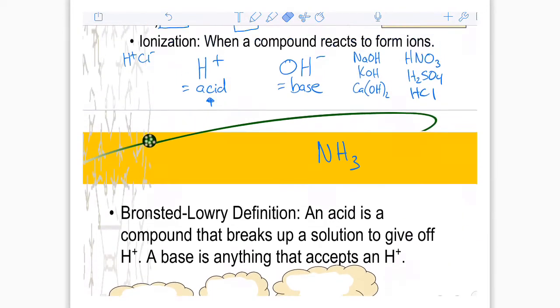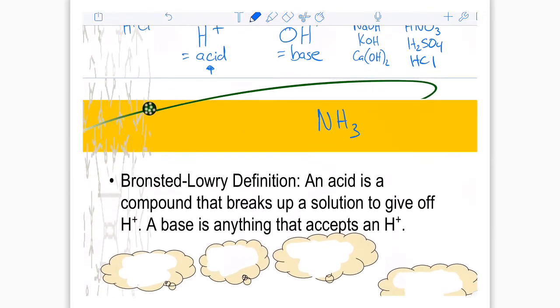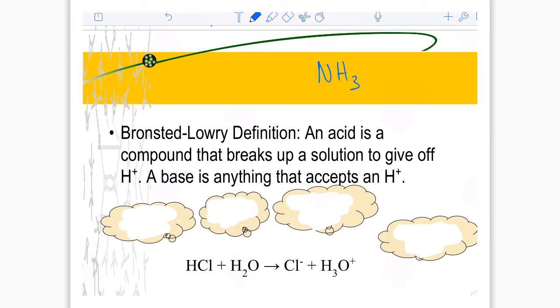Instead of a base being something that can donate, so basically it's dropping OHs off, right? Instead of something being able to donate OH-, it says that it just needs to be able to accept, okay? So it's going to receive an H+.